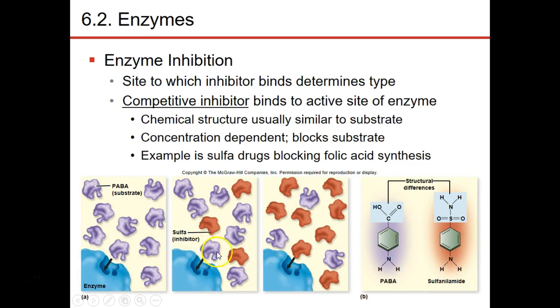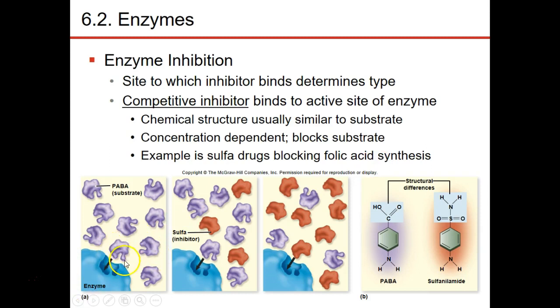Sulfa drugs act competitively to inhibit the pathway of producing certain molecules that bacteria need. So in this case, folic acid is not going to be able to be produced, and without folic acid, you can't produce certain proteins.